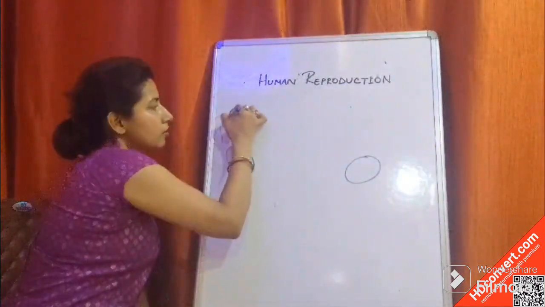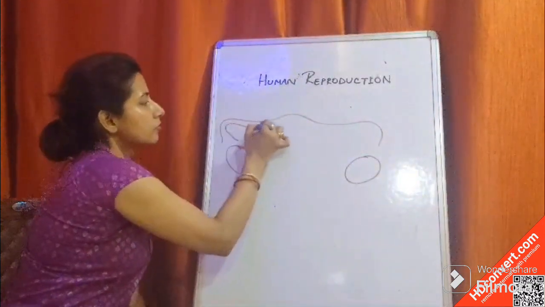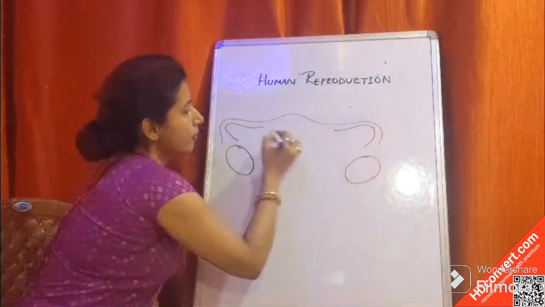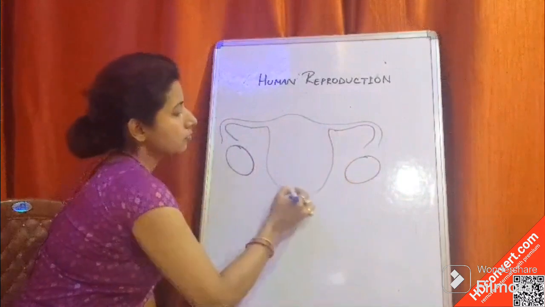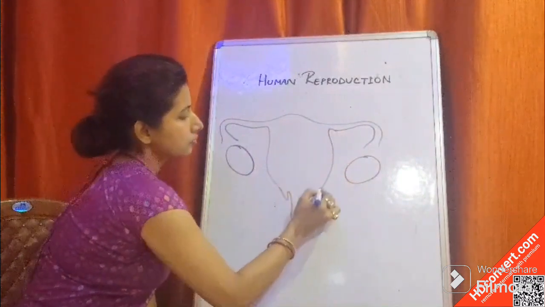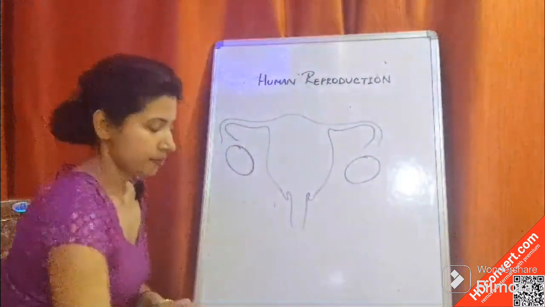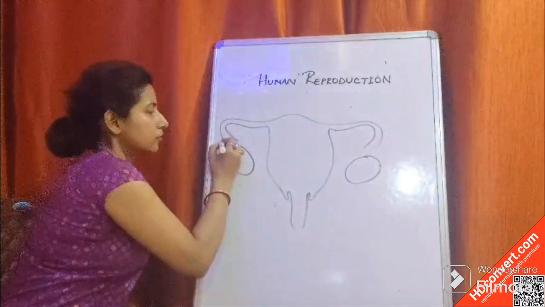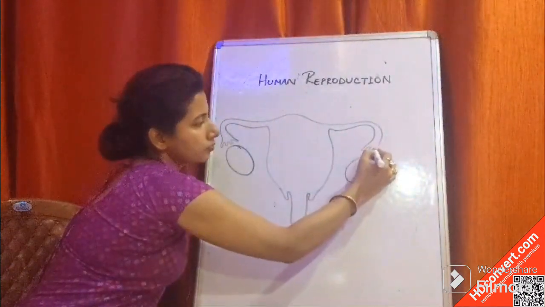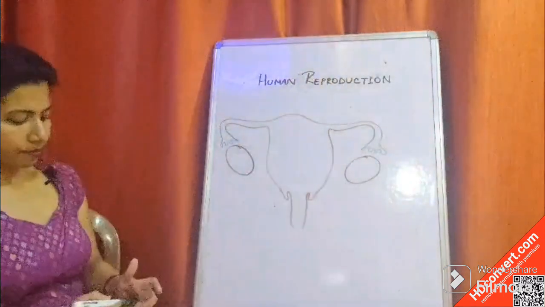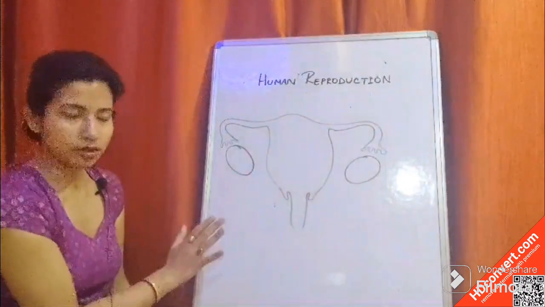From the ovary, you can see here, it is the entire female reproductive system.